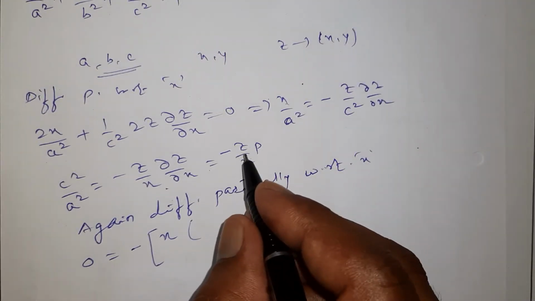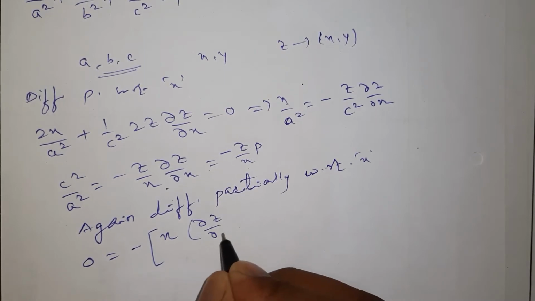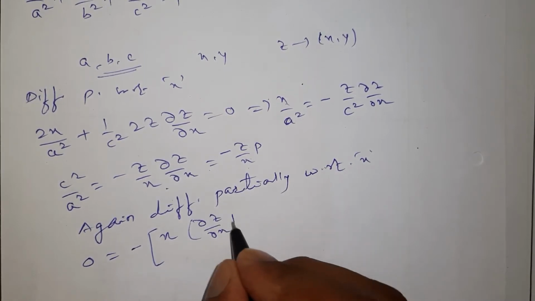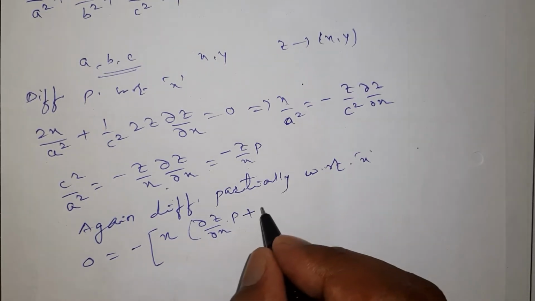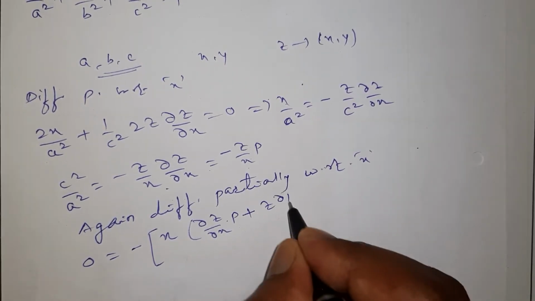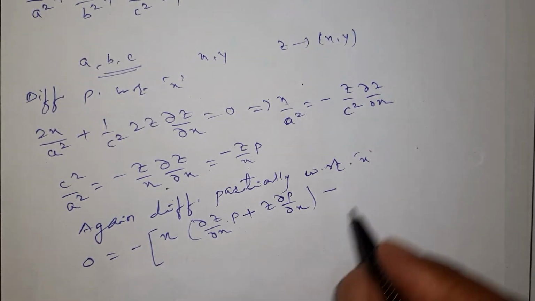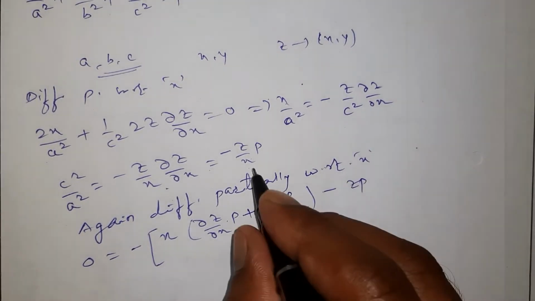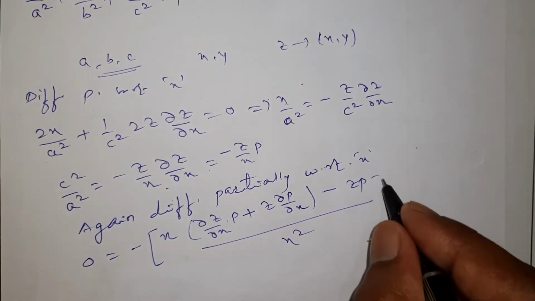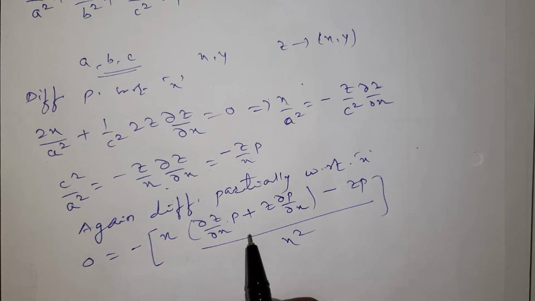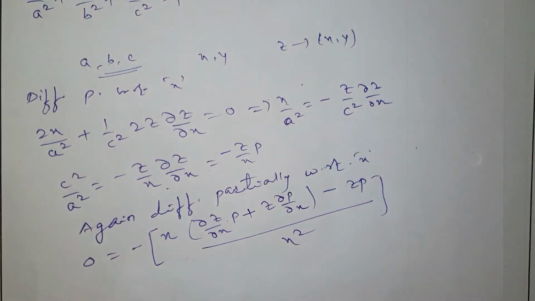Derivative of z is dou z by dou x, p as it is, plus z as it is, dou p by dou x, right? Minus zp as it is. What is the derivative of x? It is 1 upon x square. Understood this derivative? Here I use the u into v rule in between and the u upon v rule.